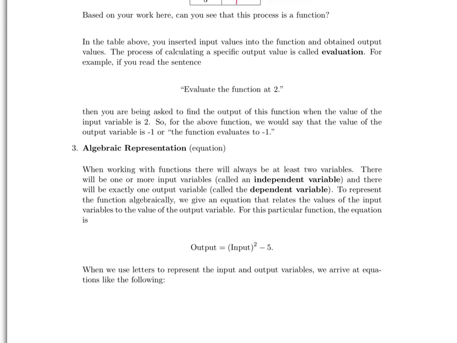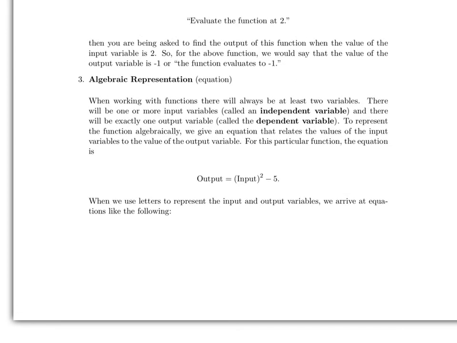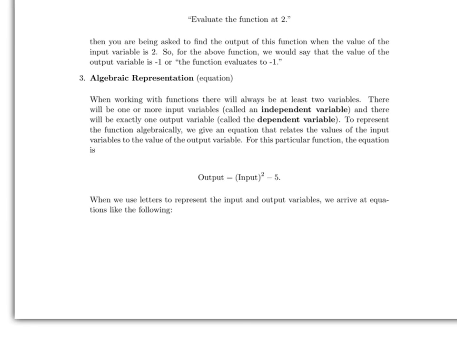Now let's talk about representing functions algebraically. That means by using an equation. When working with functions, there will always be at least 2 variables. There will be 1 or more input variables. These are called independent variables. And there will be exactly 1 output variable, which is called the dependent variable.